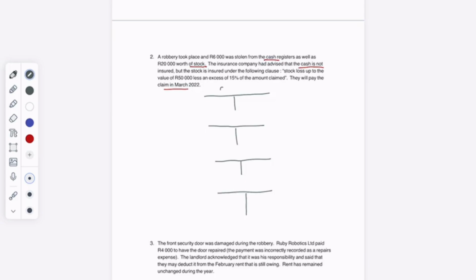So we've got cash float, we've got trading stock, we've got accrued income, and then we've got a loss due to theft, which will obviously be an expense.